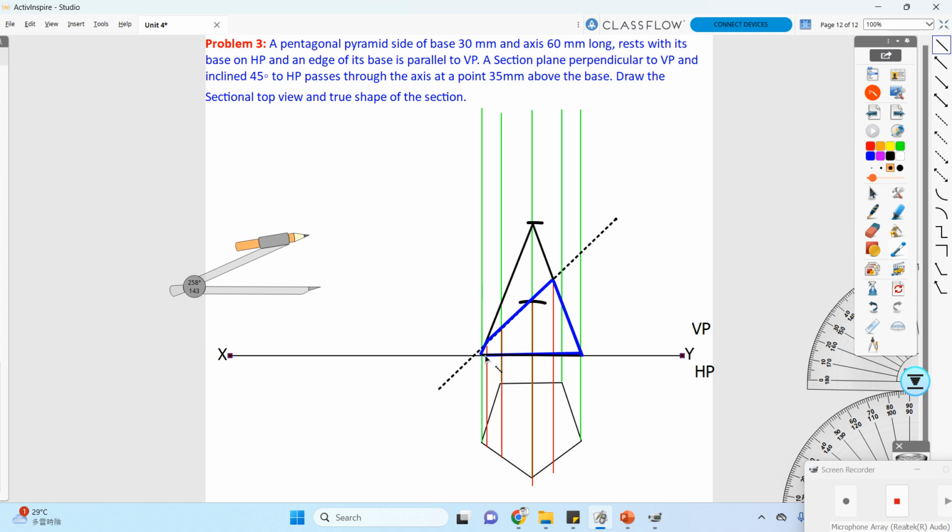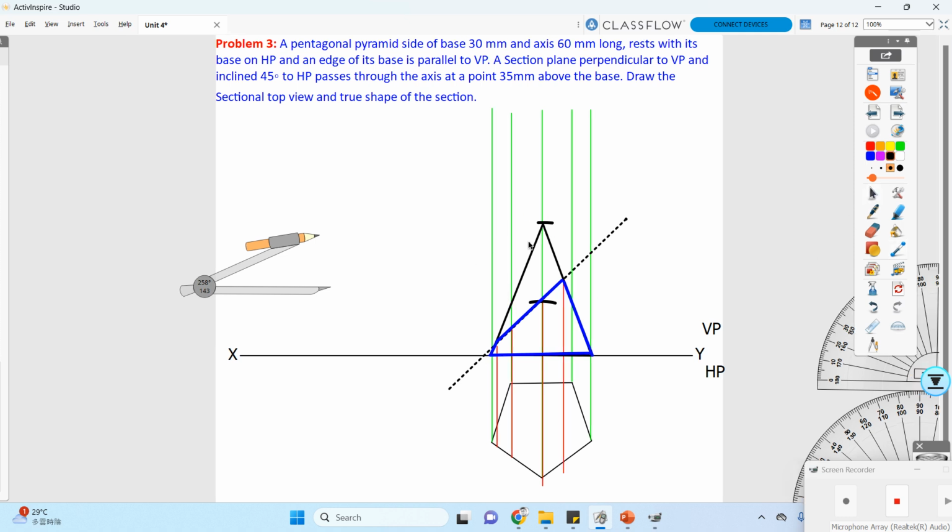So this is your true position. So you are going to remove the position above your section plane, whatever is there, it is removed. So you want to mark the true position over here.